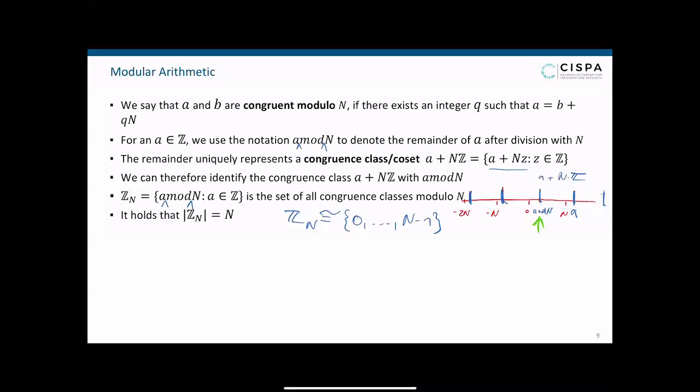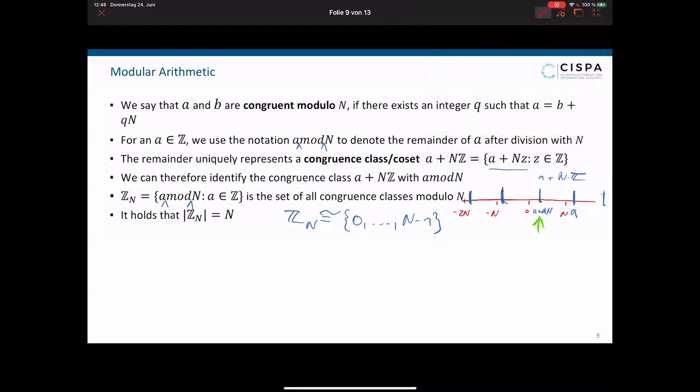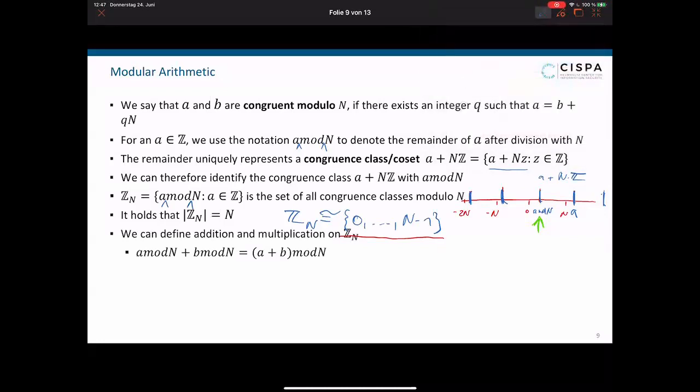And we can even easily compute, of course, with these representatives. Just take two representatives from this set, perform, let's say, addition or multiplication, and reduce mod n. So we define addition and multiplication on Zn as follows.